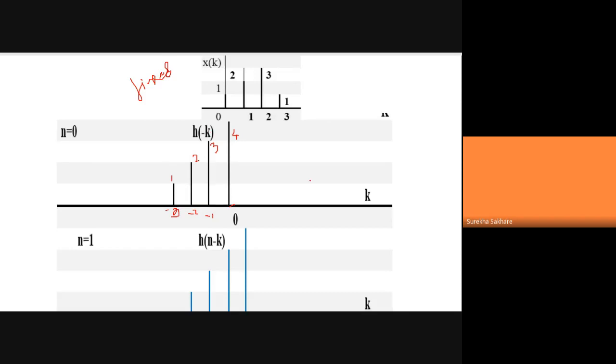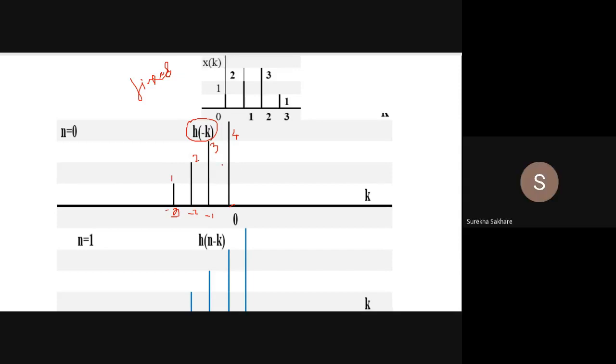So at k equal to 0, h of minus k is the mirror image, and you can see as if you are getting one signal which is totally reversed, the flip side, opposite. h of minus k is the mirror image of h of k.